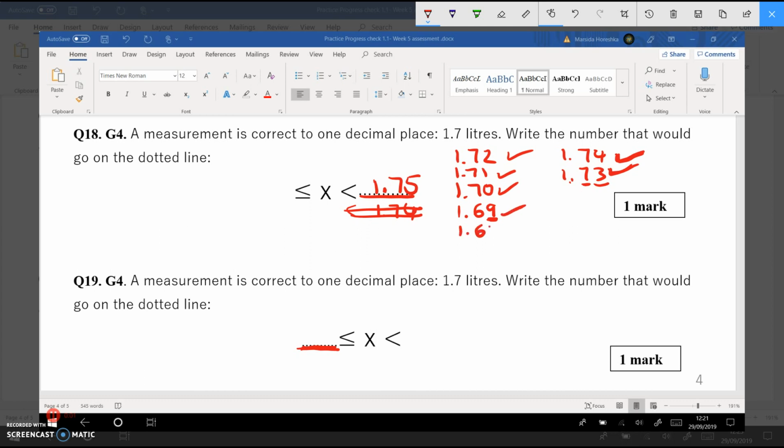And 1.68 as well will be rounded to one decimal place to make 1.7. 1.67 would also, 1.66, 1.65, and that's the lowest it can go, 1.65. Because then if you go to 1.64, that would round down to 1.6. So this is how we fill these two gaps in there.